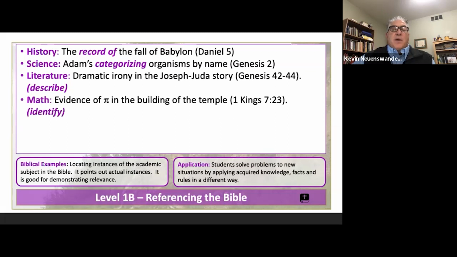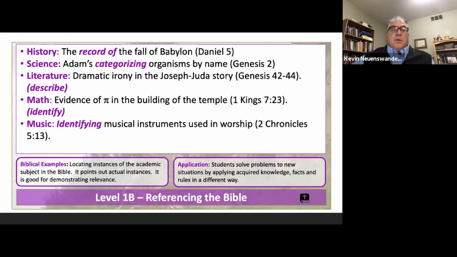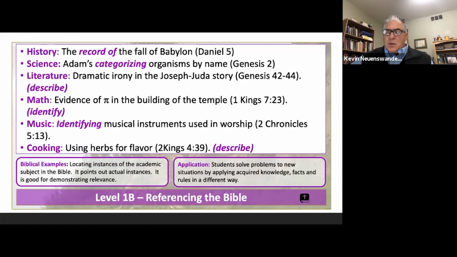Math, evidence of pi in the building of the temple, 1 Kings 7:23. So describe and identify are the two. Music, identifying musical instruments used in worship, and cooking, using herbs for flavor. So you're describing.